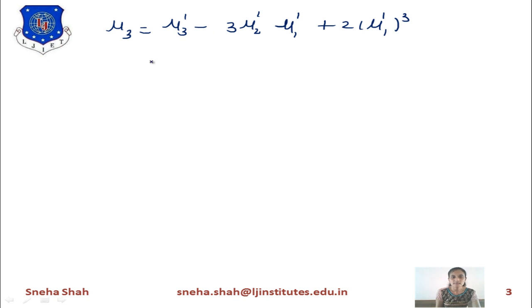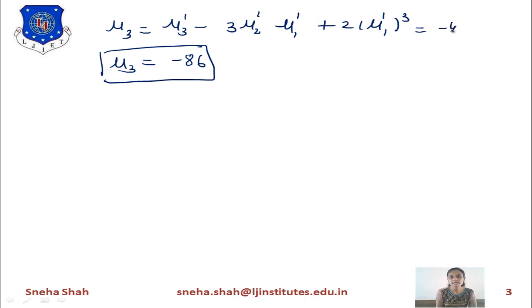Now if we put all these values in this equation, it will give the answer minus 86. Here mu3 dash equals minus 40, mu2 dash equals 16, and mu1 dash equals 1. So we take minus 40 minus 3 into 16 into 1 plus 2 into 1 cube. If we simplify this term, it gives the answer minus 86.